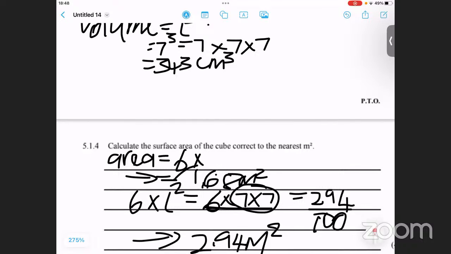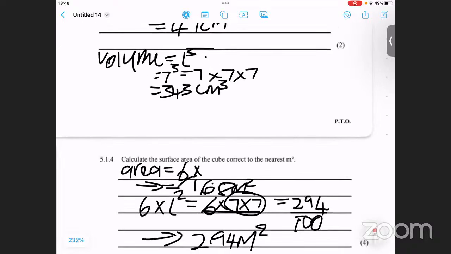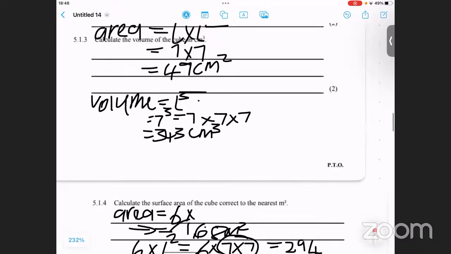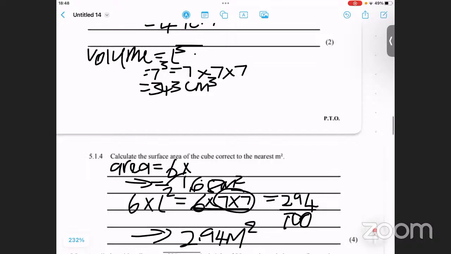Yes, so what you can do is convert the 7 centimeters to meters.